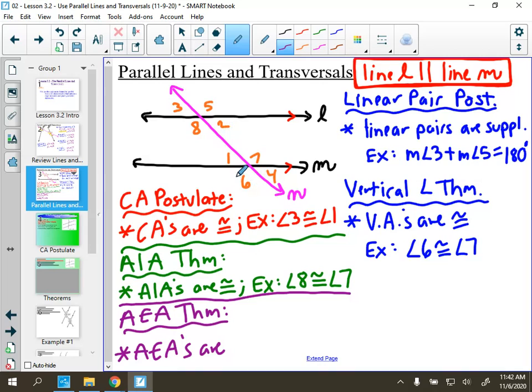Those look big old obtuse, big old obtuse. I believe that. I think alternate exterior angles are congruent, and we would be correct. That's exactly what they are. So example-wise, we could say angle 5 is congruent to angle 6.